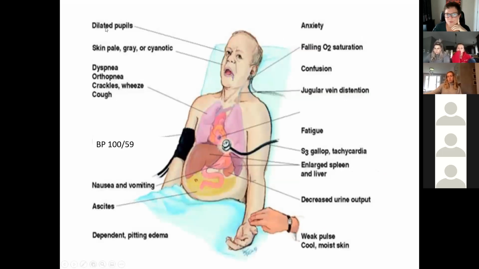He's got dilated pupils, he's cyanotic, he's got dyspnea, orthopnea, crackles, he has a cough and a wheeze, his blood pressure's 100 on 59, he's got nausea and vomiting, ascites, dependent pitting edema, he's anxious, his SATs are falling, he's confused, he's got JVD, he's fatigued, he's got an S3, he's got an enlarged liver and spleen, he's not peeing, and he's cold and wet.